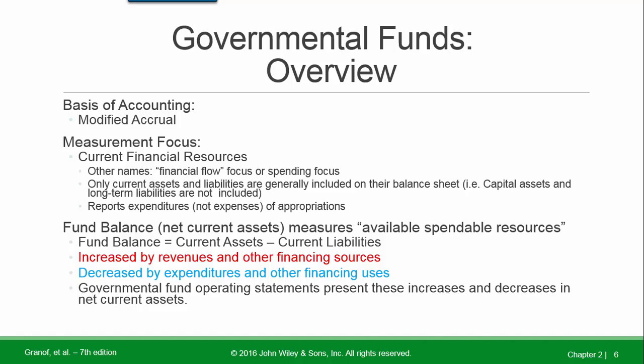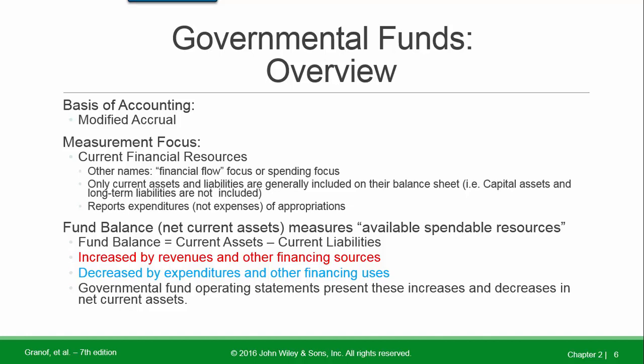Governmental funds overview. Basis of accounting: modified accrual. Measurement focus: current financial resources, also referred to as financial flow focus or spending focus. Only current assets and liabilities are generally included on the balance sheet. Capital assets and long-term liabilities are not included. Reports expenditures, not expenses, of appropriations.